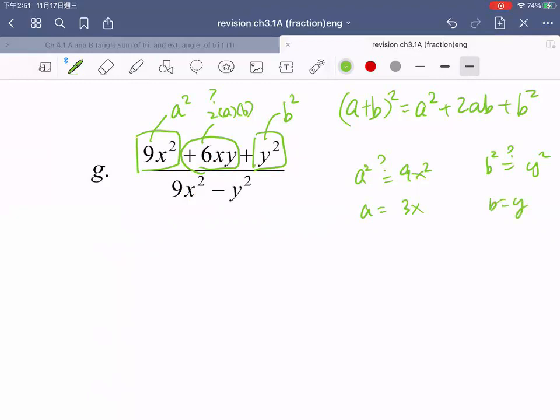So if this one is correct and that one is correct, then check the middle one: 6xy is 2 times a times b, where a is 3x and b is y.